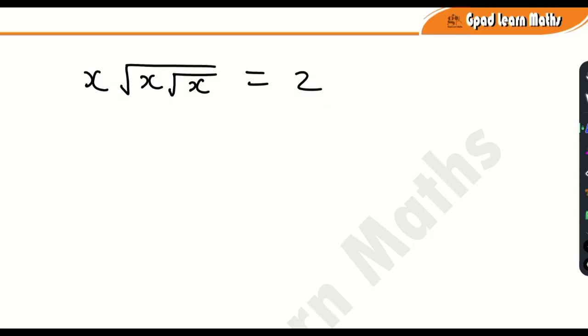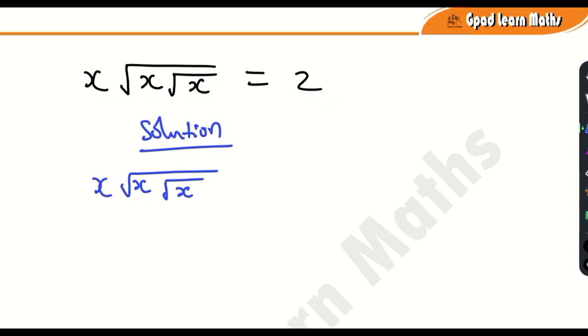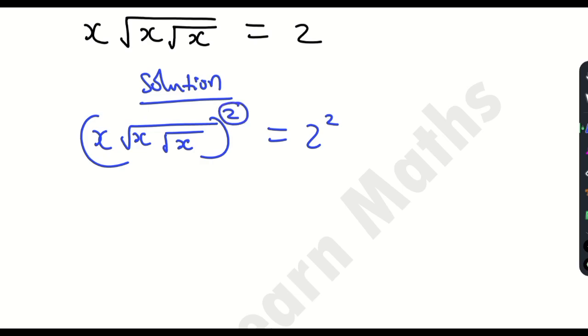Now I'm going to square both sides. Let's do that together. That will be x root x all squared is equal to 2 squared. Now I'm going to distribute this square to x and to what I have here. See what I mean?